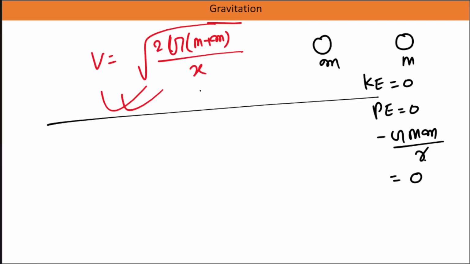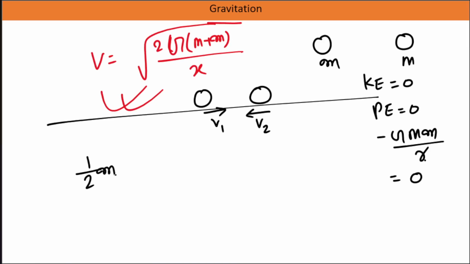Both are 0, right? At separation x, let's say this has a velocity of v1 and this has a velocity of v2. So they will have energy. Initial energy is 0. Final energy also has to be 0 because their motion is happening under conservative field, right? And in conservative field, mechanical energy remains conserved. Initially it was 0. Finally it has to be 0.